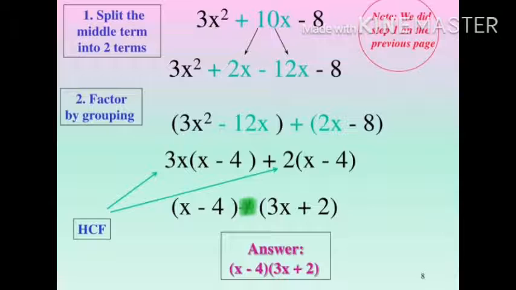So it is written like this: 3x bracket x minus 4, and in the last two terms the common factor is 2. So we write plus 2 bracket x minus 4. Now x minus 4 is common, so x minus 4, 3x plus 2. Now the answer is x minus 4 and 3x plus 2.